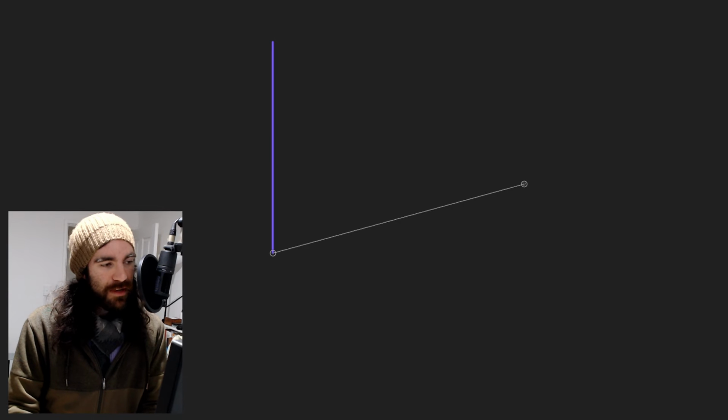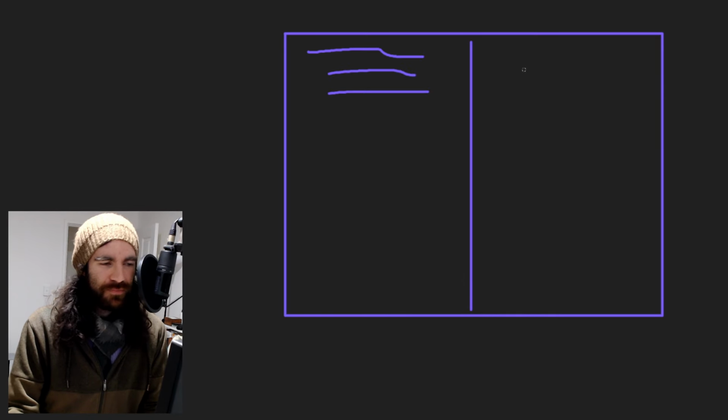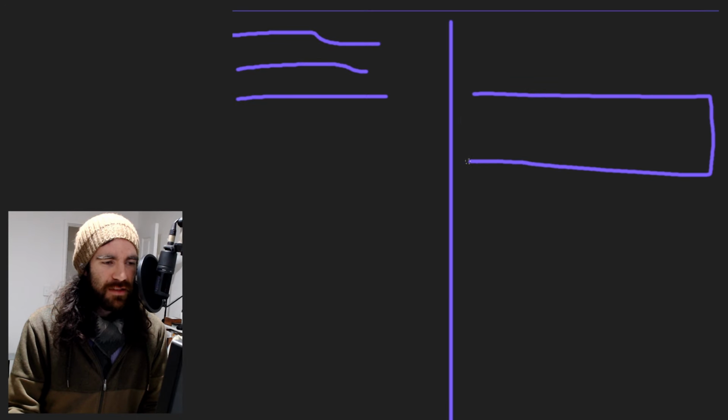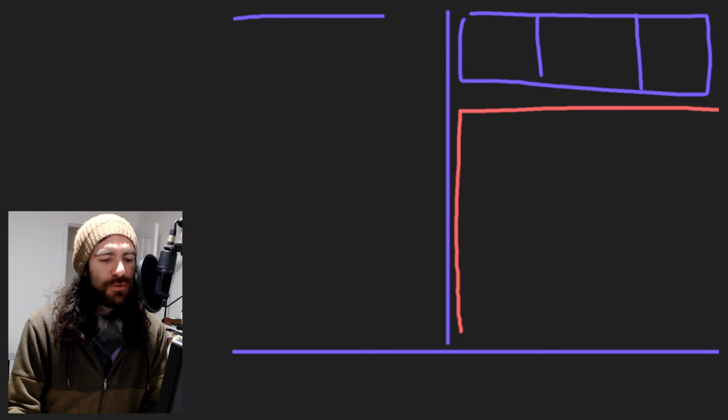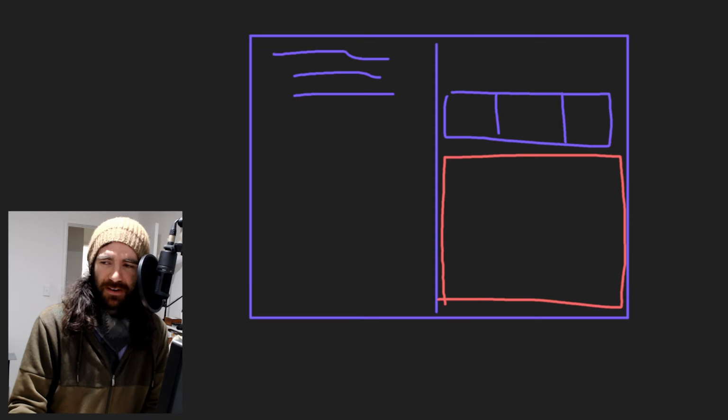We've got our page, and we'll draw a nice little box. Okay, so we've got our two columns. Let's stick to the nice straight lines thing. We've got code and stuff over here, and then some buttons over here that do things, and then we have our VM view that lives in here, right?